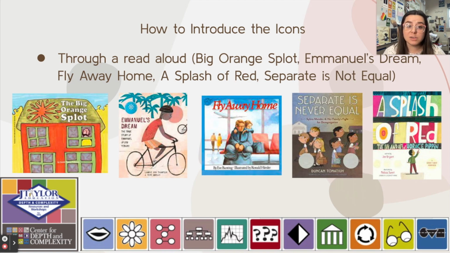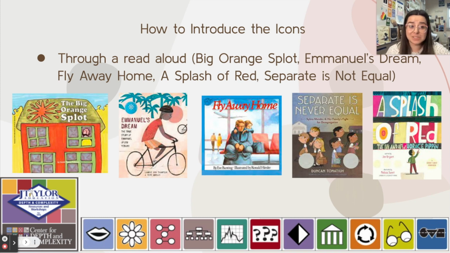So here are some read alouds that work really, really well with all or a few icons that you want to highlight. So the big orange spot, Emmanuel's Dream, Fly Away Home, Separate is Never Equal, and a splash of red. So you read the read aloud to your students.